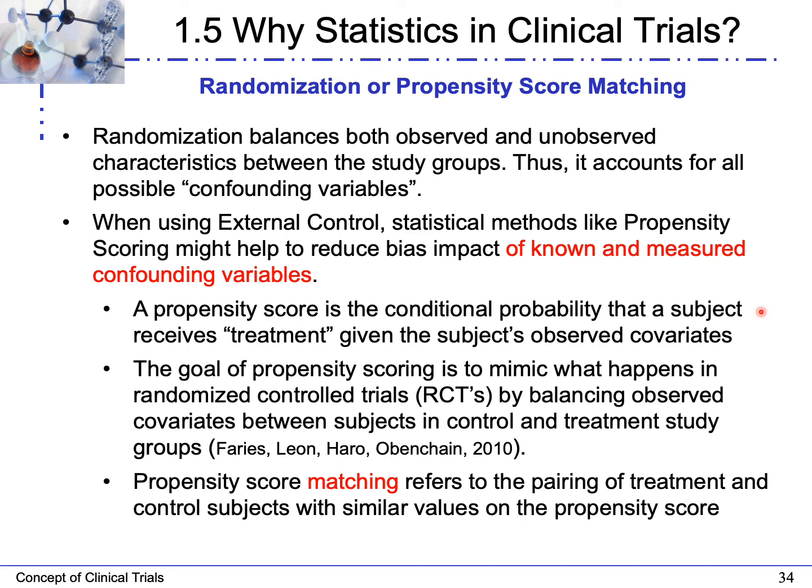And so propensity score matching refers to the pairing of treated and control subjects with similar values of the propensity score. So you're kind of creating blocks of treated patients and control subjects who are as likely as possible towards this conditional probability of receiving treatment or control based on those observed covariates.